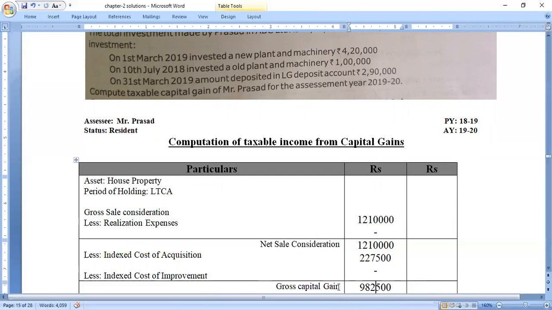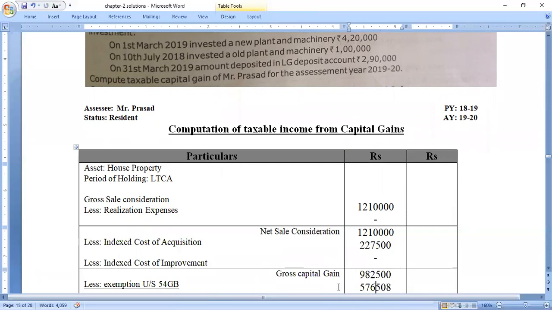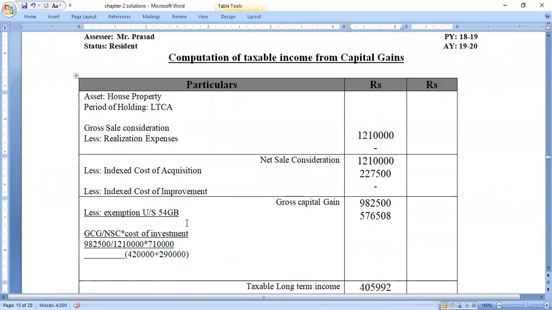Now, from the gross capital gain minus the exemption amount, that is under section 54GB, because he has invested the amount in equity shares by selling the long-term capital asset of the house property. Section 54GB clearly says the asset sold should be a long-term capital asset, house property or land. After that, they need to invest the amount in equity shares by holding 51 percent.